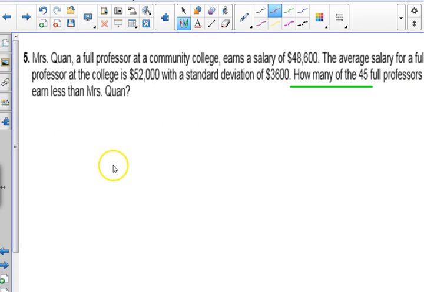No? Okay. How many of the 45 professors earn less than Mrs. Kwan? So what's going on here, guys? Read this one. This is what she earns, right? And this is the mean and the standard deviation.